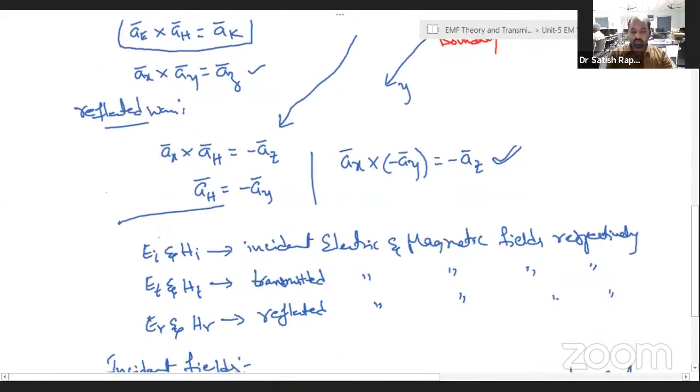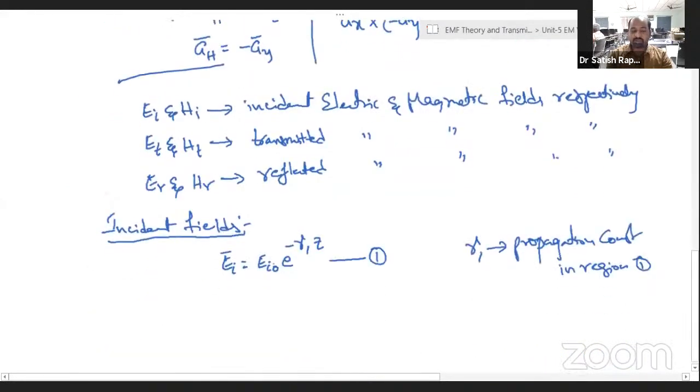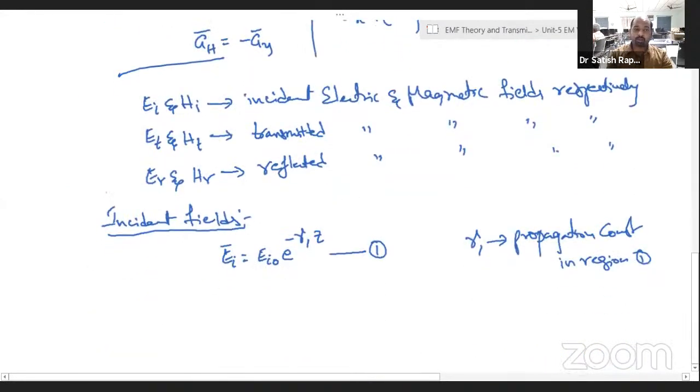So the incident electric field Ei is equal to Ei naught, the magnitude of the incident electric field, e power minus gamma 1 z. E power minus gamma z means the wave is propagating in the positive z direction, right?